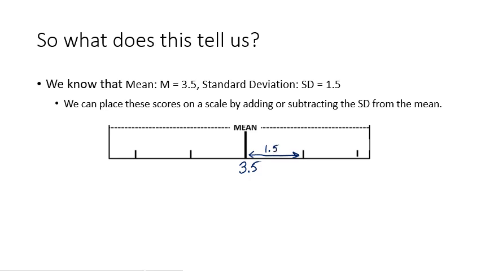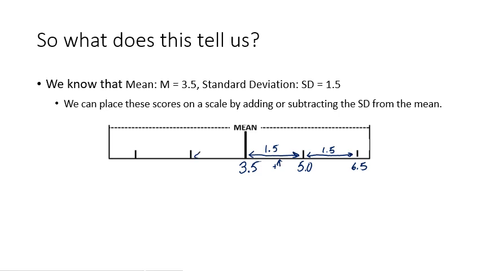So let's add the 1.5 here, plus 1.5, and we get a score of 5. We know that this is 1.5, and so if we add the 1.5, we get 6.5.